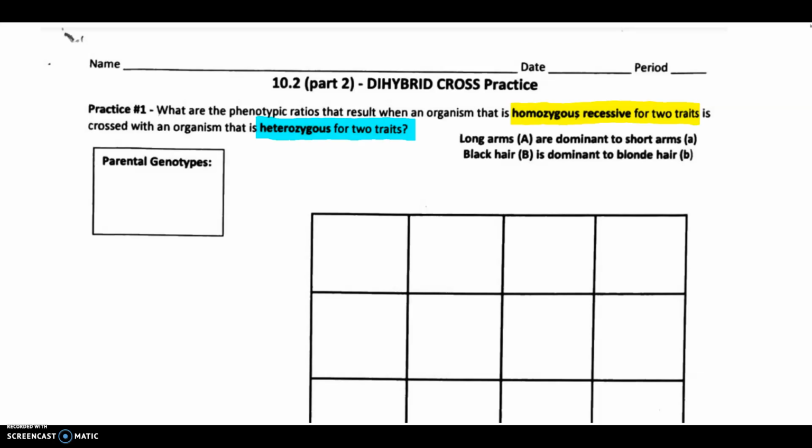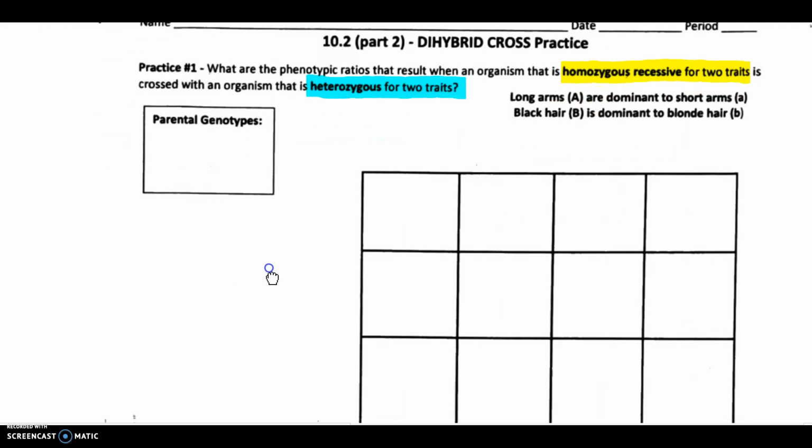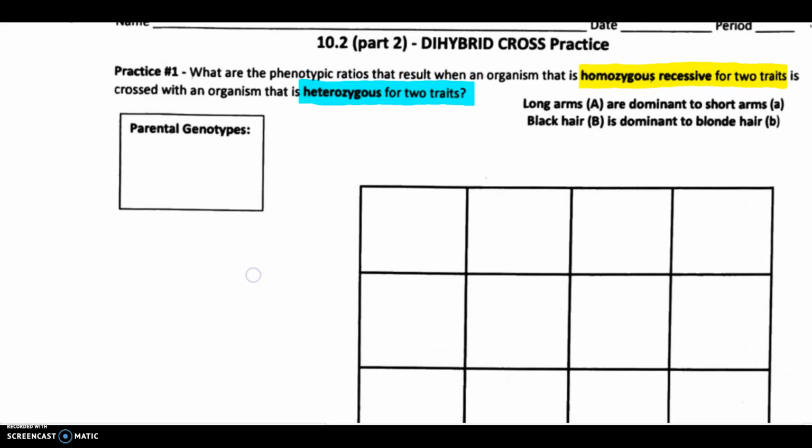Okay? And how that's going to look is something like this. Homozygous recessive for two traits is going to be little a, and then little b.